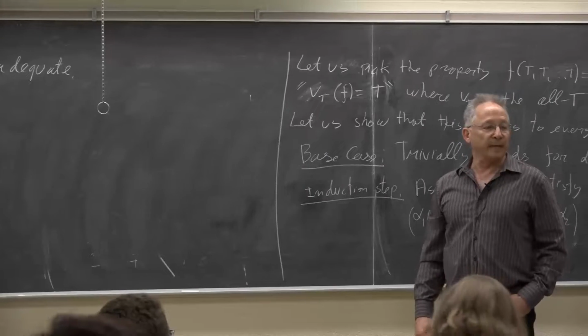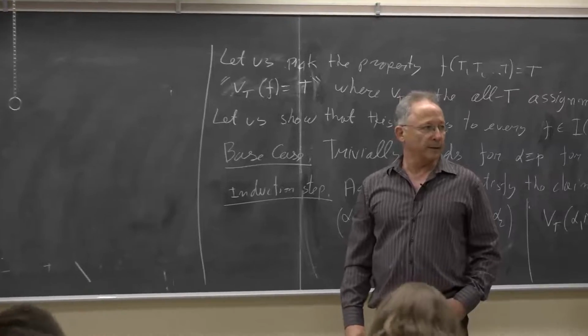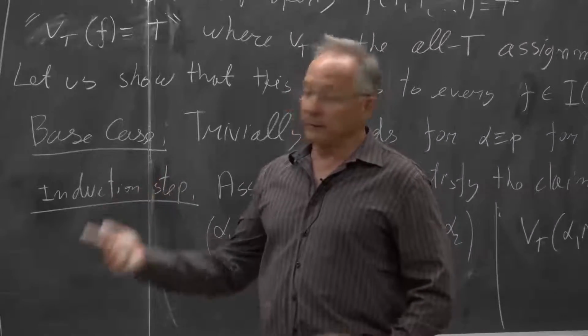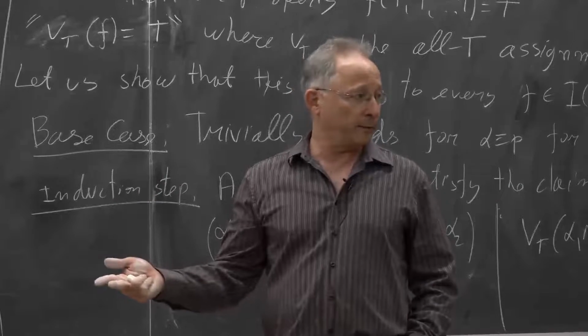If we can implement AND using those, we know that once we have at our disposal NOT and OR and AND, then we can have everything.